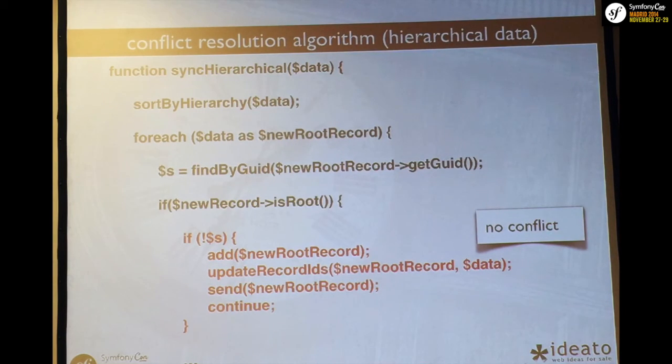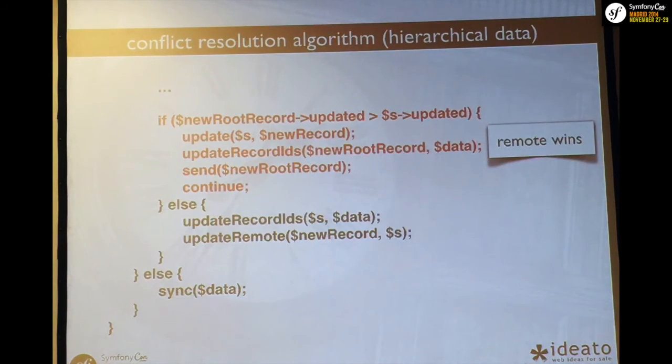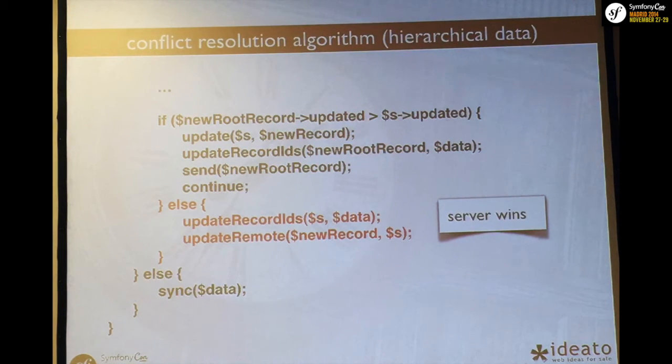And if the new root record is present on the server and is more recent, again, you need to update the record on the server side, update again the record IDs, and then respond back. The last case is if the server contains a more recent, more updated record.